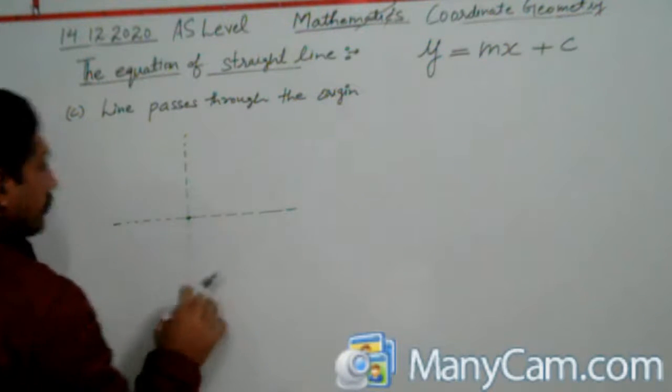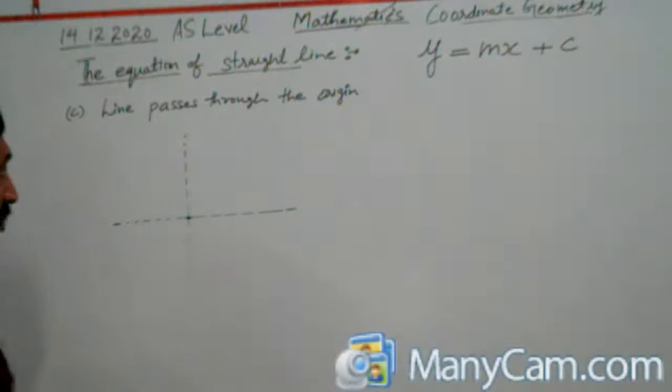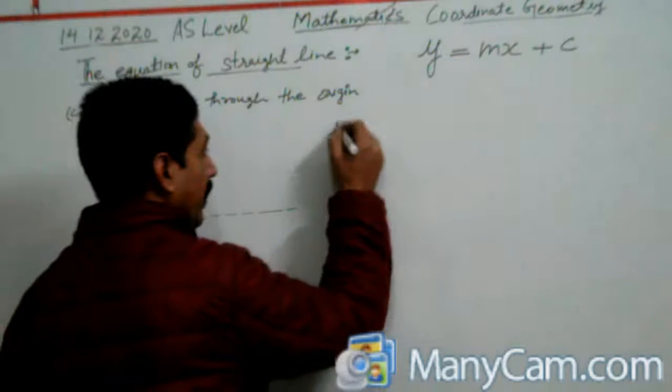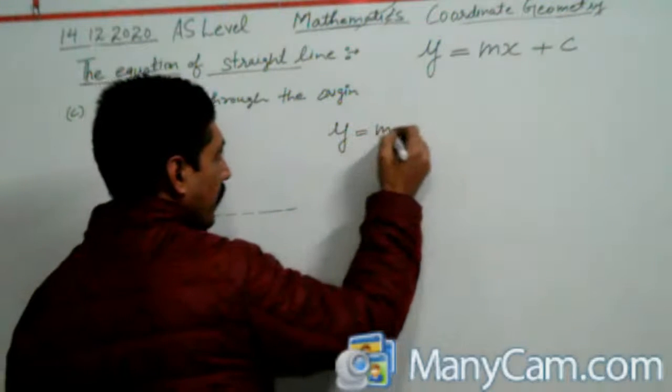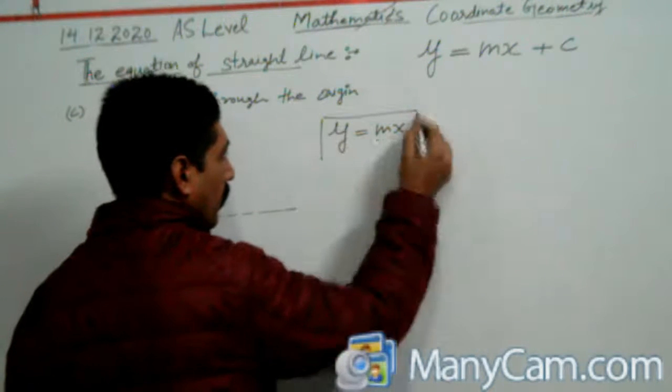So when the line passes through the origin, the equation becomes y is equal to mx only, right?